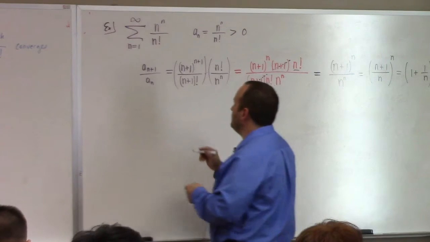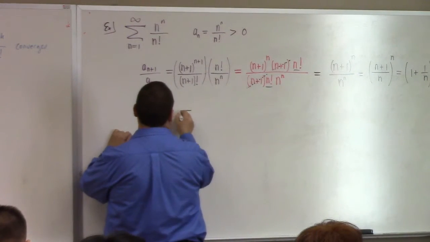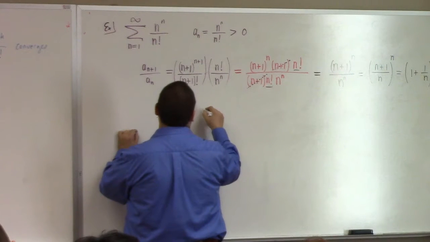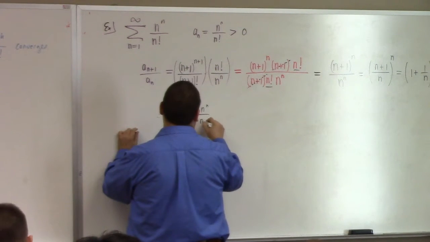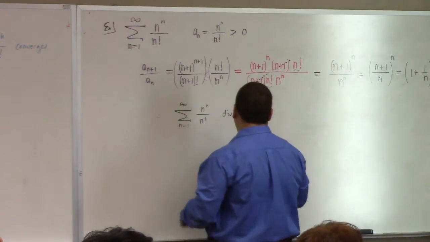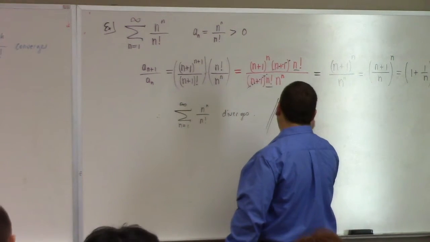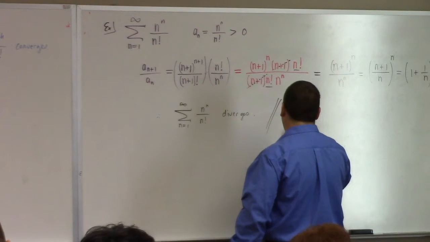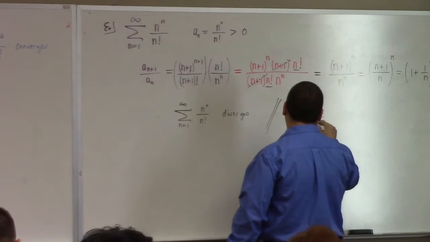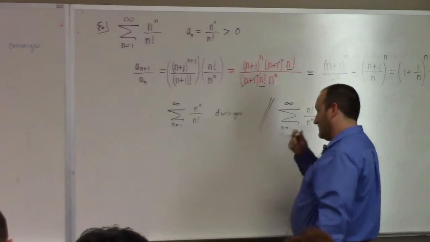So therefore what? Yeah, therefore the sum n equals 1 to infinity of n to the n over n factorial diverges. By almost the same calculation, what could you say about the sum n equals 1 to infinity of n factorial over n to the n?